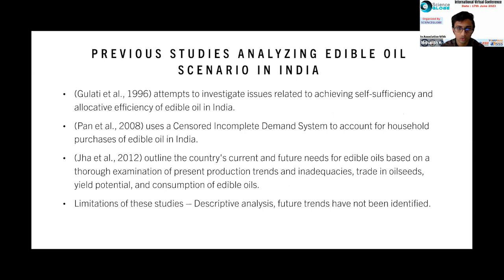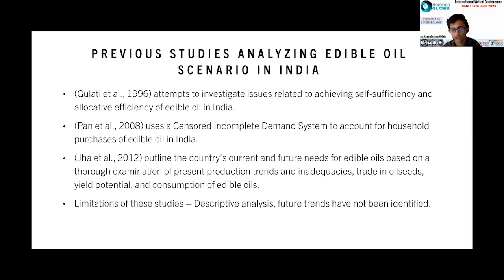And these are some of the previous studies which analyzed the edible oil scenario in India. First, Gulati et al. attempted to investigate some issues regarding the edible oil and oilseed scenario in India. And Pan et al. also used an incomplete demand system to account for household purchases of edible oil in India.